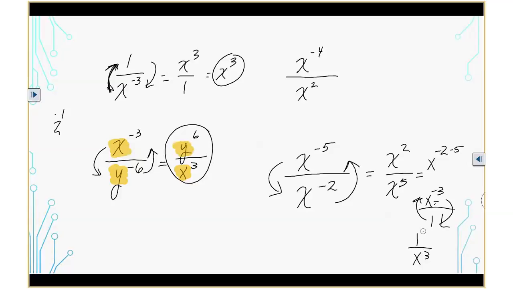Is that the only way to do that problem? No. You could have brought this up, and then you could have used the power rule, that's the same thing. You could have brought this down, used the power rule, you would have got the same thing. There is no set way. As long as you abide by the rules, you can get the same answer.